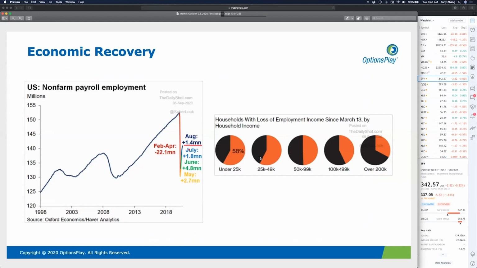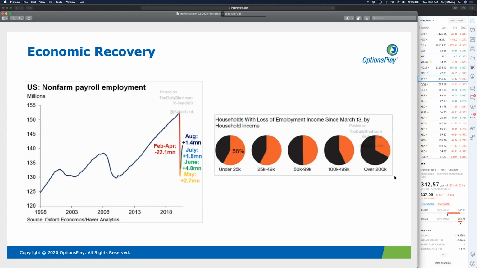But the one thing I do want to point out is that the jobs recovery has been very uneven from the perspective of the household income, and what is the likelihood of seeing unemployment or income loss, if you will, in your household, depending on your income levels. And it is very, very bifurcated here.